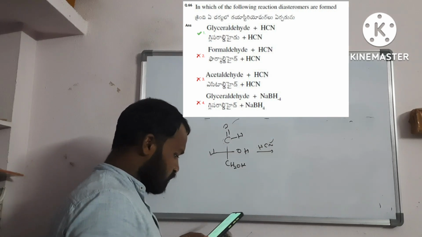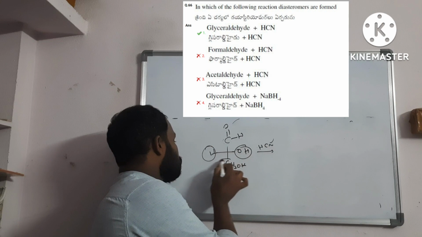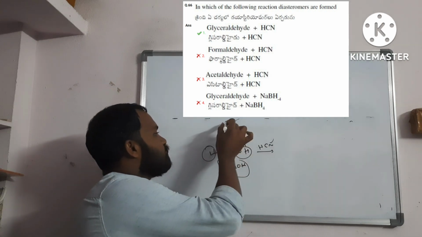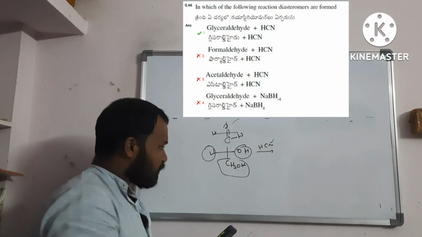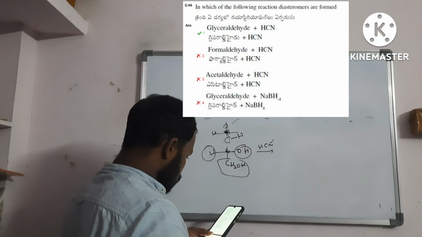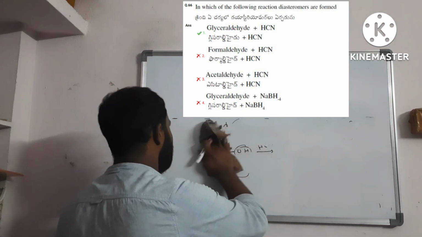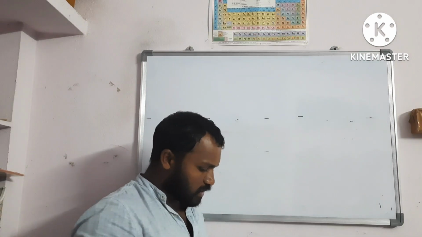Upon hydrolysis you get the acid group, but different OH groups are there. You will get two types of diastereomers because the other centre is not changed. So diastereomers are formed in the glyceraldehyde HCN reaction. This is about question number 66.